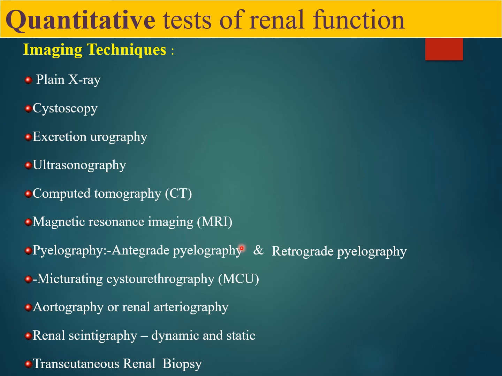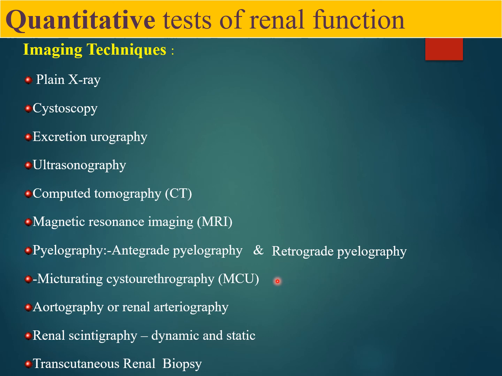Pyelography, which could be antegrade, just injecting a dye from the kidney itself or the pelvis of the kidney, and the dye will go lower down. So we call it antegrade pyelography. Or retrograde, that's to say, injecting some dye from the ureteric orifice up the other way, contrary to the urine coming down.